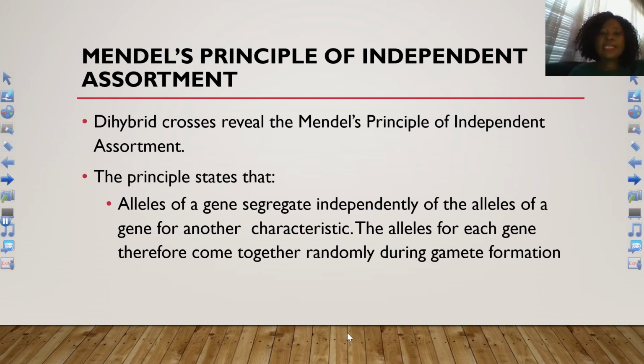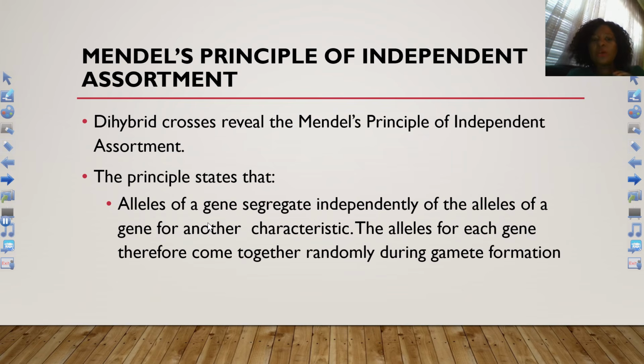This principle states that the alleles of a gene segregate independently of the alleles of the gene for another characteristic. Now remember here, we are looking at a dihybrid cross. So we've got two characteristics that are coded for by two different genes. And for each gene, we have got two alleles.